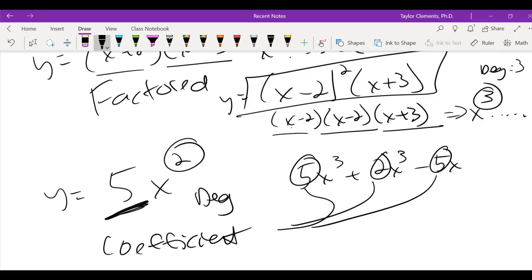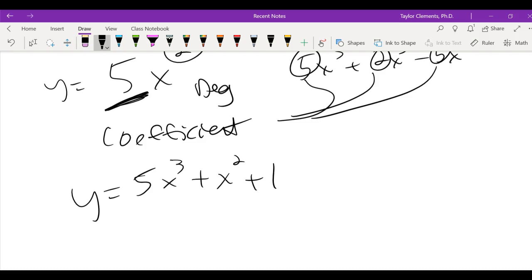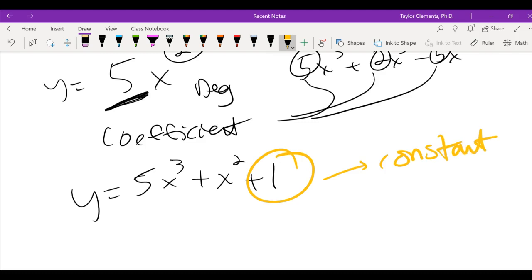Okay, other numbers, constant. Okay, let's say 5x cubed plus x squared plus 1. This is the constant. That's just the number at the end with no variable on it. That's called a constant.